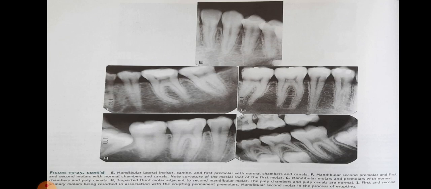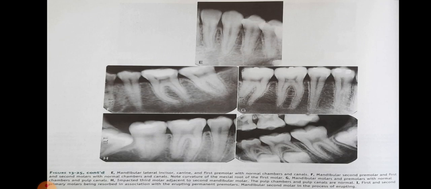Let's have a look at picture G. Picture G is showing the mandibular molars and premolars with normal pulp chambers and canals. You can see the curvature of the mesial root of the second molar. And picture H is showing the impacted third molar adjacent to the second mandibular molar, right?